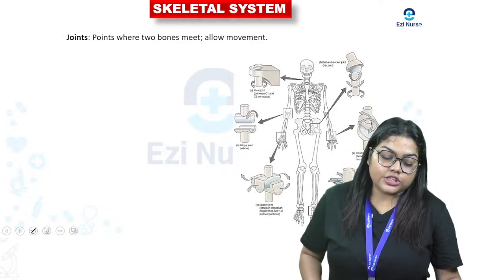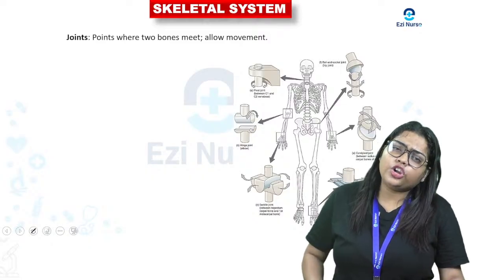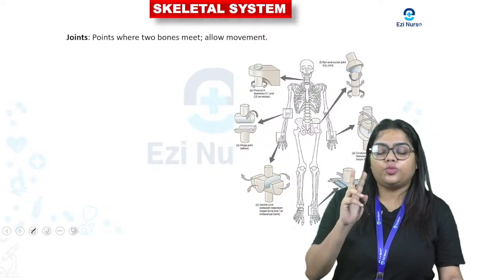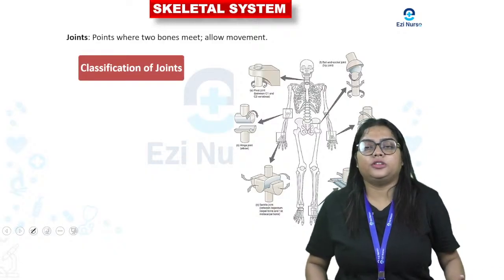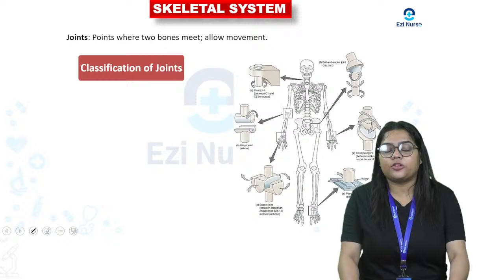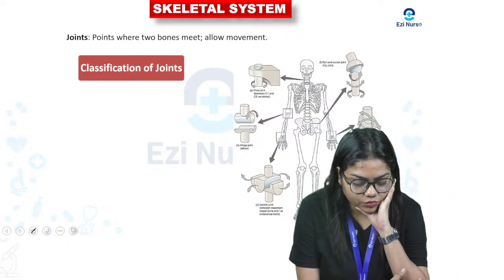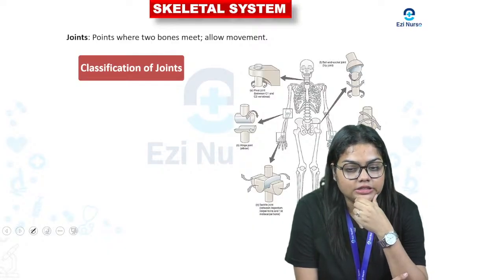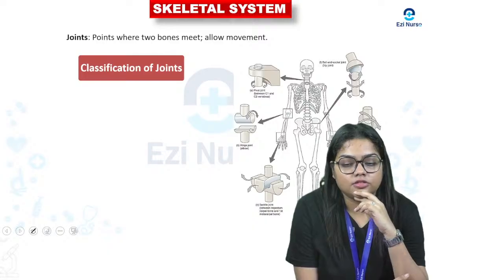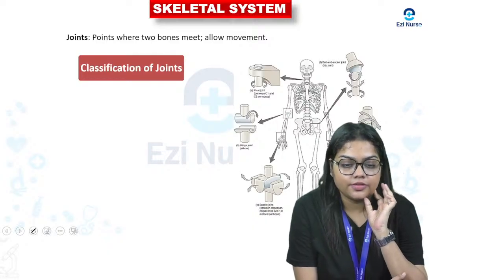Next are the joints. Joints are very important. Joints are the points where two bones meet and allow movement. Give me some examples. Just think fast and give me some examples of bone joints. You can comment down in the section, and I will be very happy to answer you.